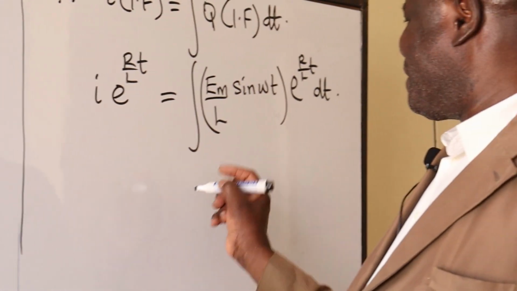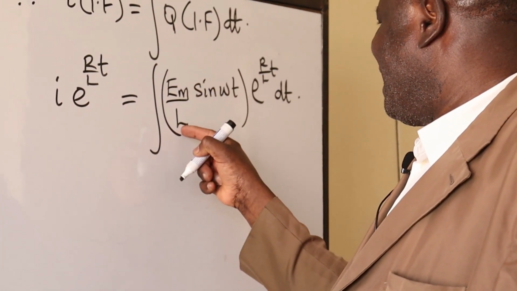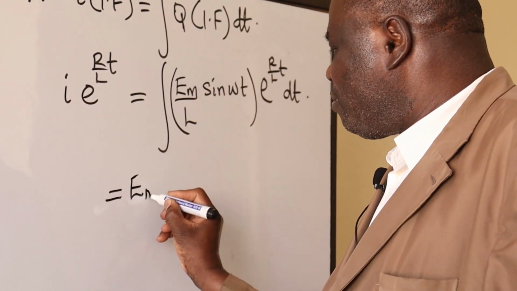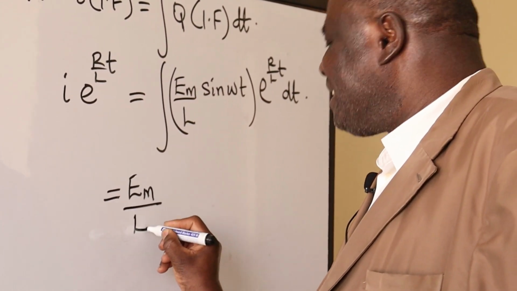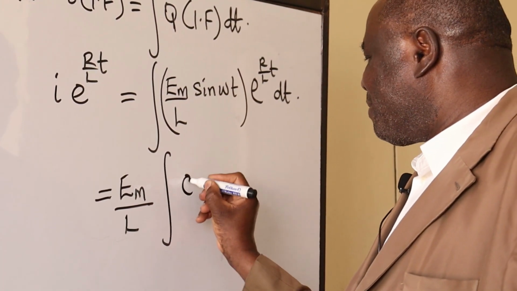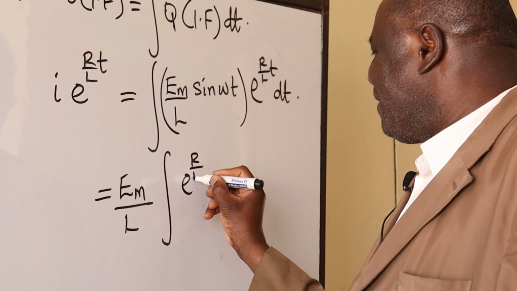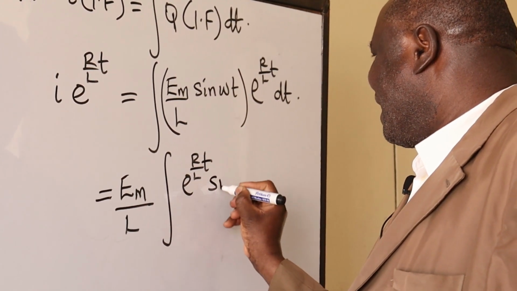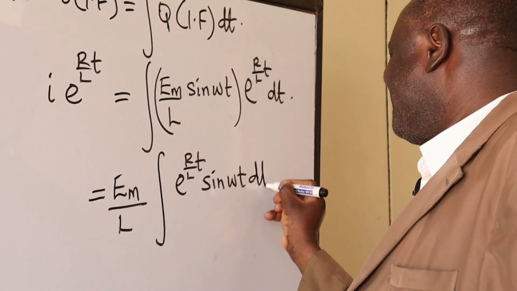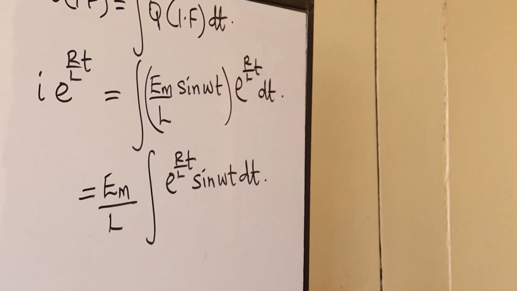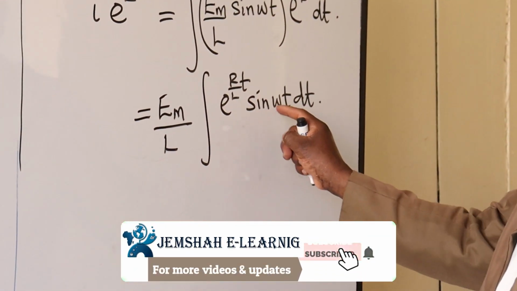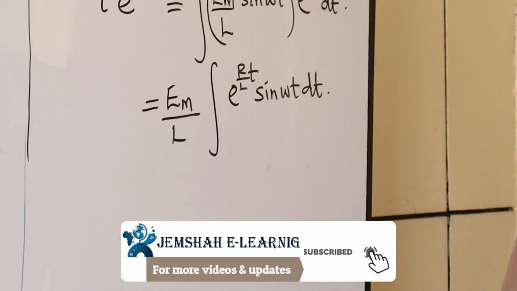This will be equal to Em over L, that's a constant, so we take it out. We have Em over L times the integral of exponential (R/L)t sine omega t dt. Let's call that one I.